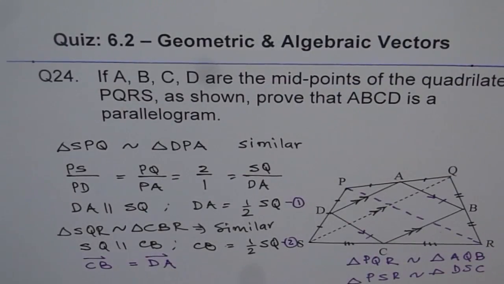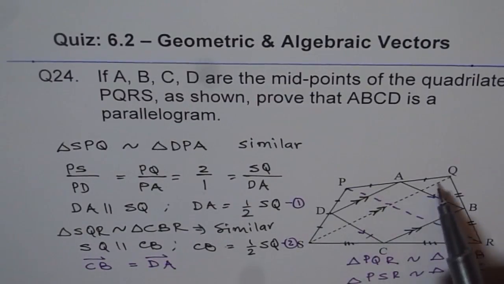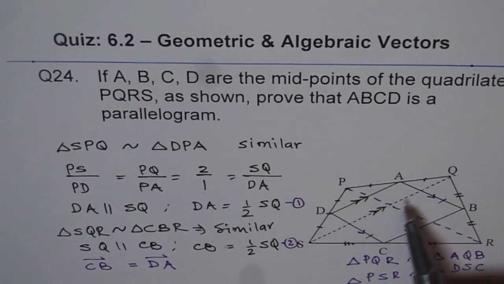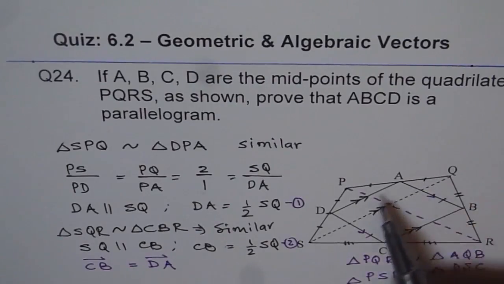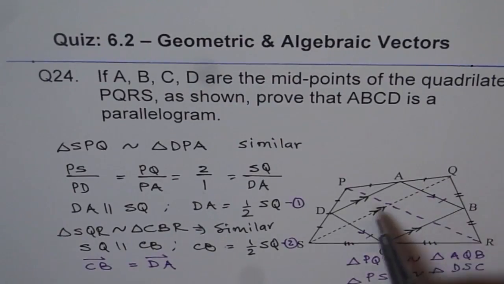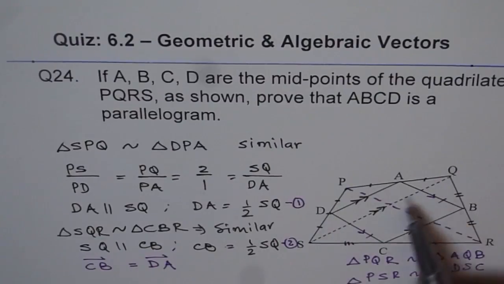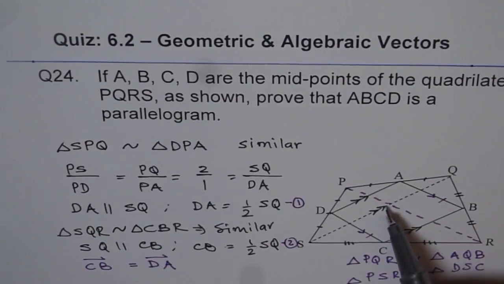The idea is to try to explain to you how to prove such problems. It's not an easy problem, right? So the first part is construction. It was possible to prove because we constructed SQ, joined S and Q, and that made us see two sets of similar triangles, which helped us prove that the opposite sides are parallel.